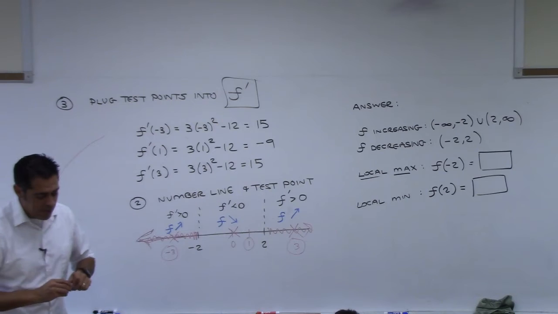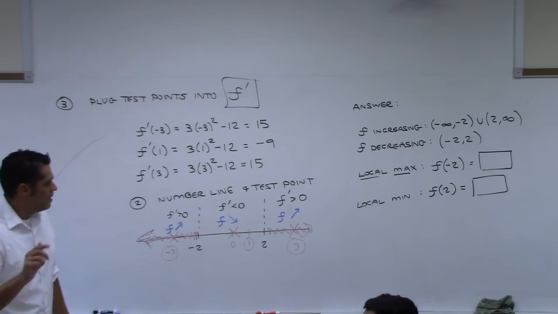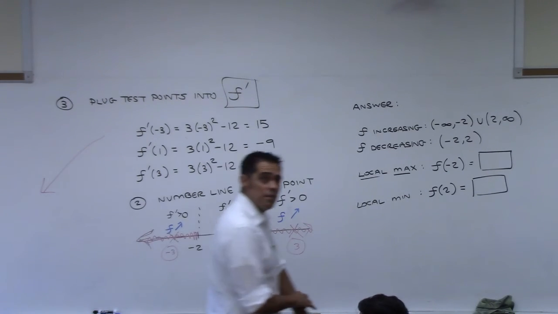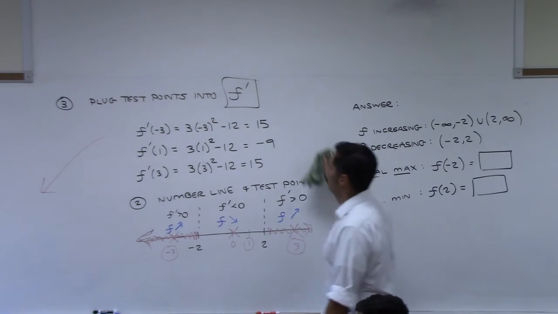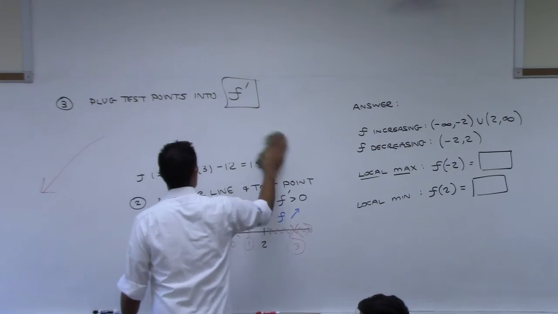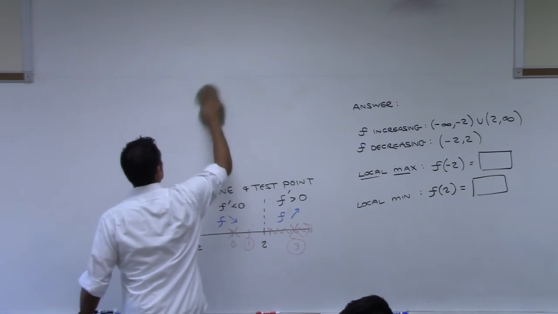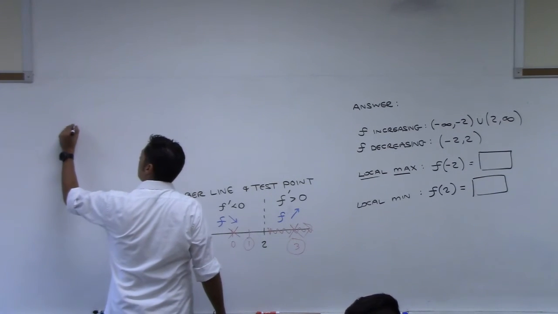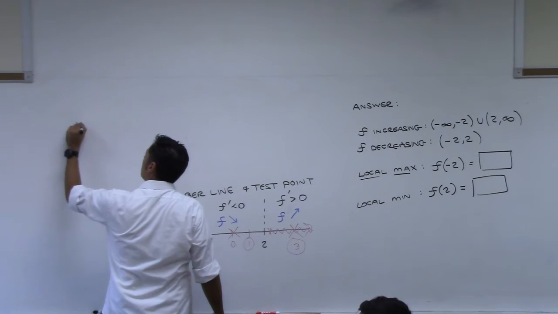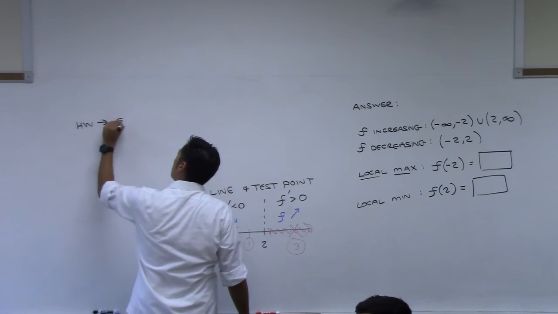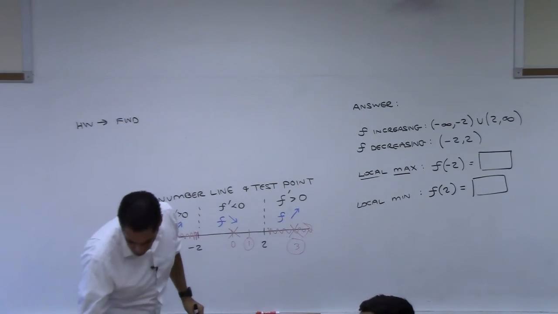I'm going to see how you do on the homework with this. Before I send you off to do that, I know we're already out of time. I want you to understand their language is a little bit different in the book. In the homework, they're going to say to you, find local extrema.